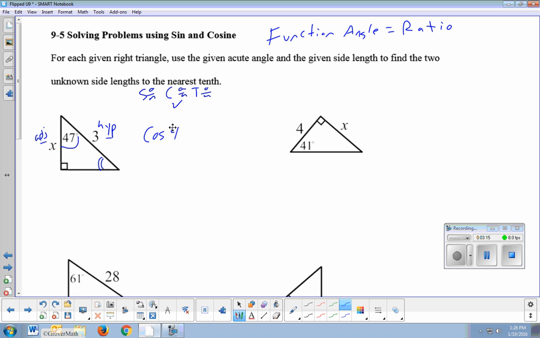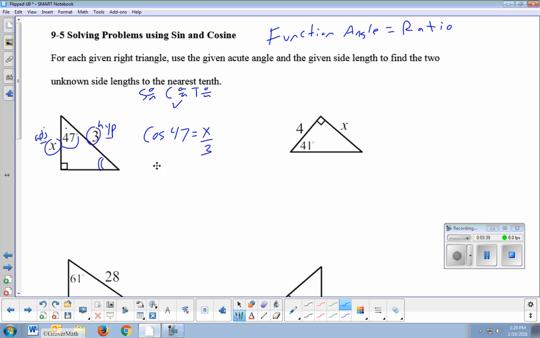The angle is 47, and the ratio for cosine is adjacent over hypotenuse. What we have for adjacent and hypotenuse are x and 3. So cosine 47 equals x over 3. We knew it was cosine because of the sides from this angle's perspective. 47 was given to us, and it's x over 3 because that's what cosine is, adjacent over hypotenuse.